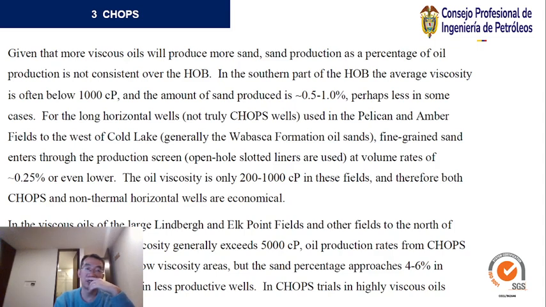For the long horizontal wells used in Pelican and Amber fields to the west of Cold Lake, fine green sand enters through the production screen at volume rates of 0.25% or even lower.